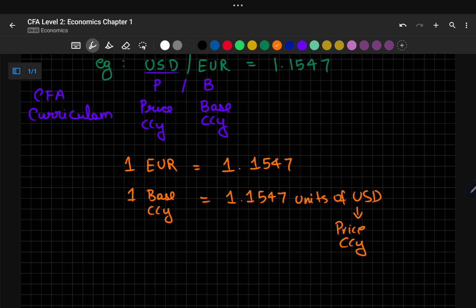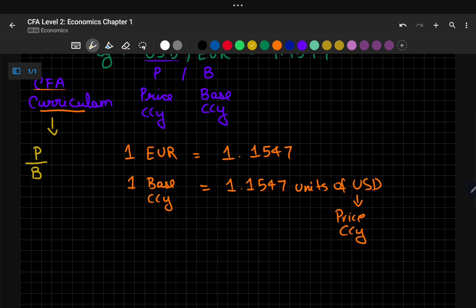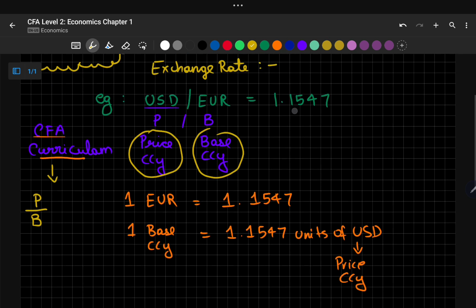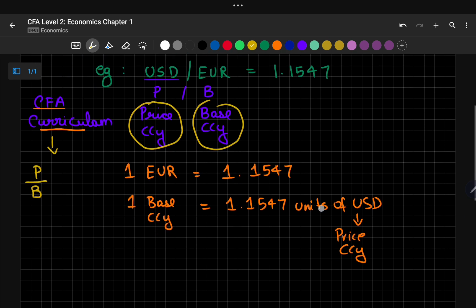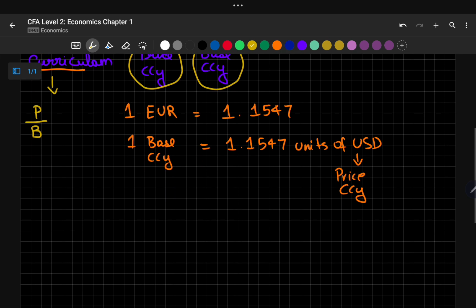Now, why did I say CFA curriculum here? It is because the CFA curriculum uses this notation in the form of P by B. The concept of price currency and base currency, that is 1 unit of base currency is equal to the exchange rate quoted in terms of price currency, remains the same.